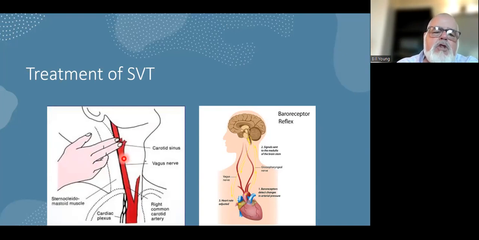If we push on the carotid arteries and we break that plaque off, guess where its next stop is going to be? Somewhere in the brain. And if it gets into an artery that's smaller than the plaque, now we come up with an ischemic stroke. So how do we minimize that? Remember, I said to minimize, not eliminate. So how do we minimize that?